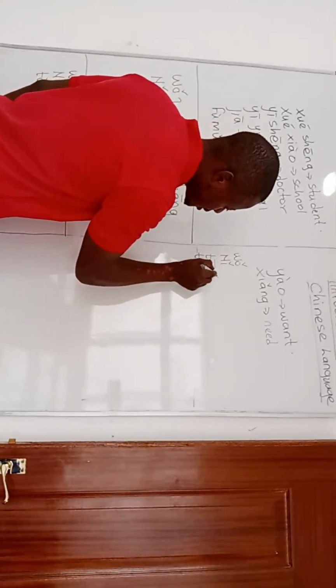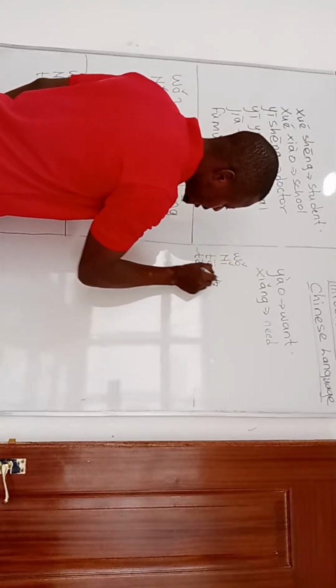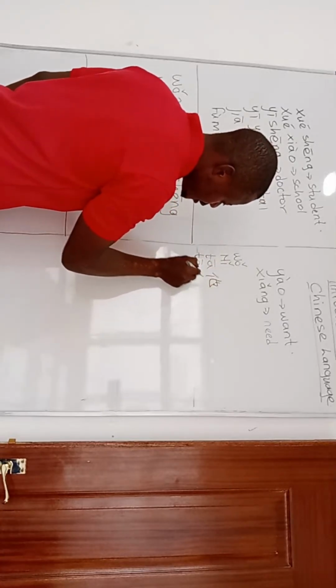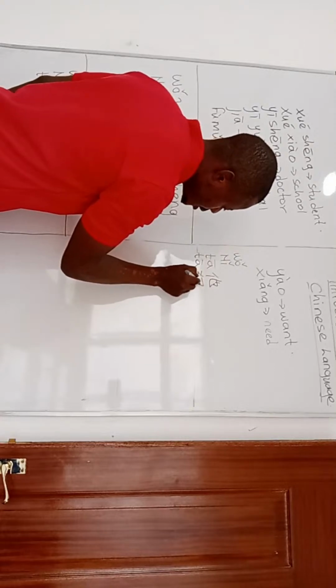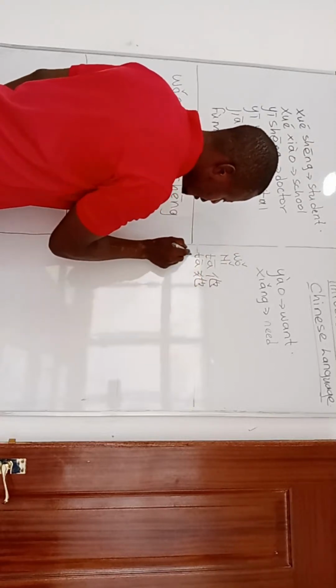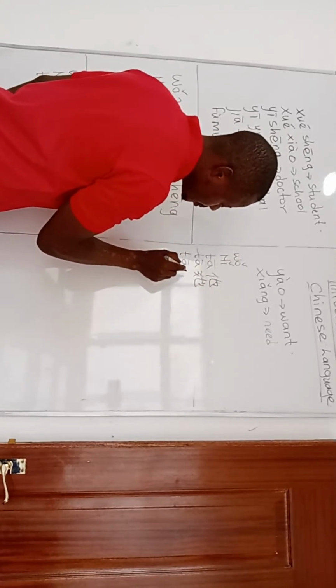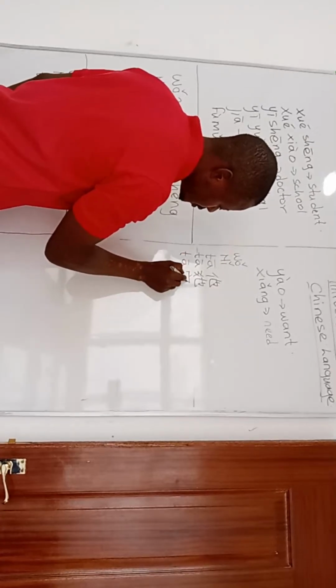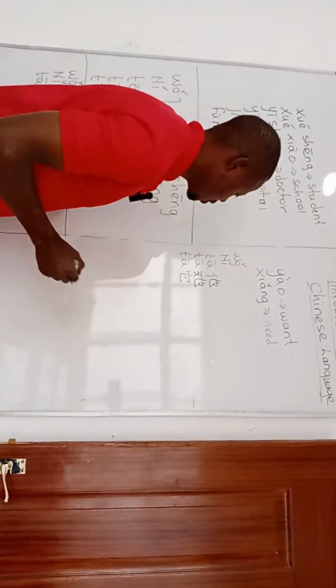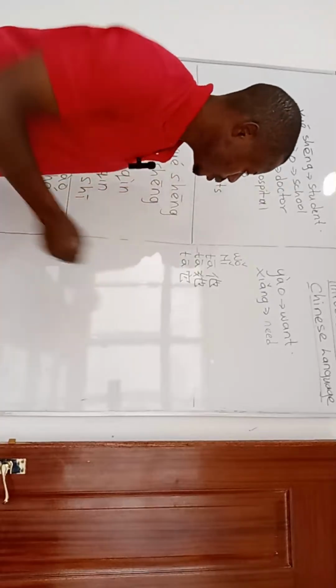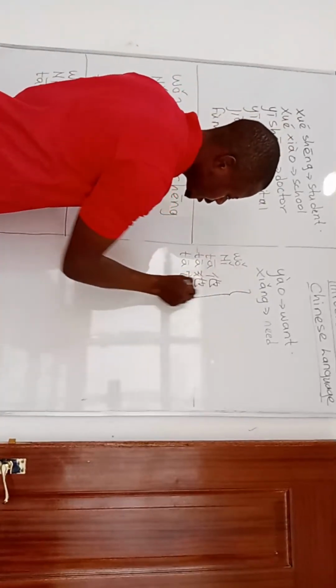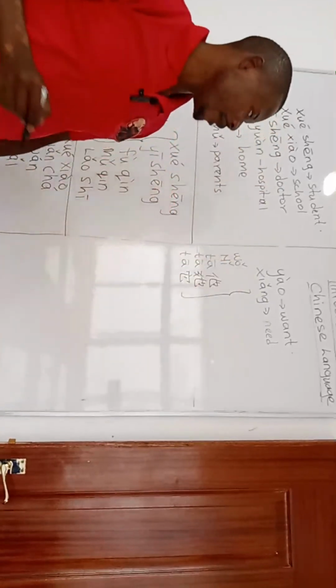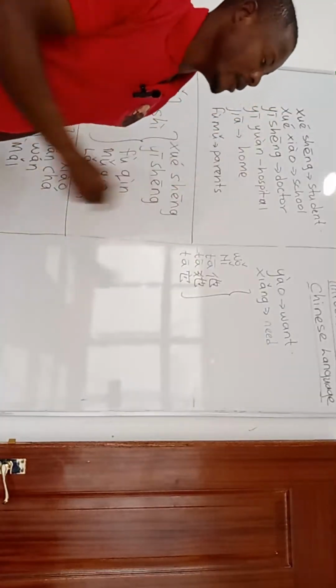I like writing all of them because they are not the same. We have this ta for ladies. Then we have the final ta for things and animals. So how do we connect these five words with yao?